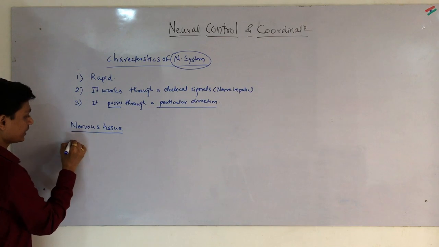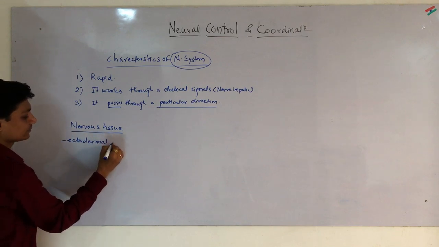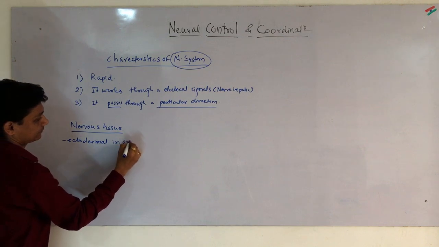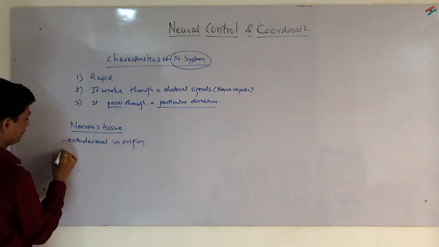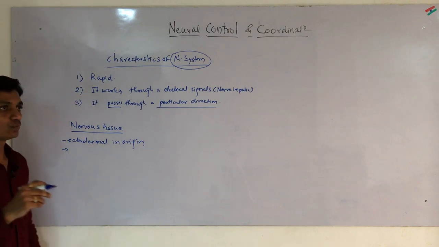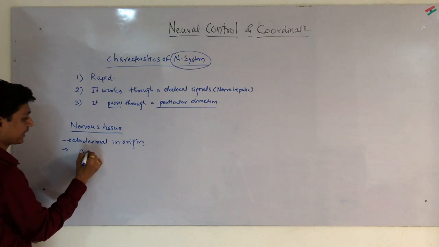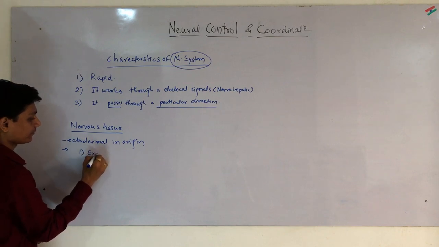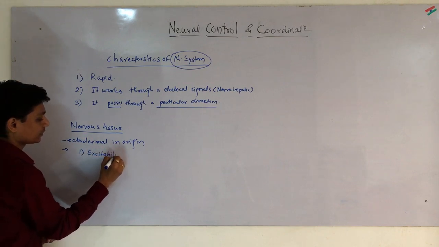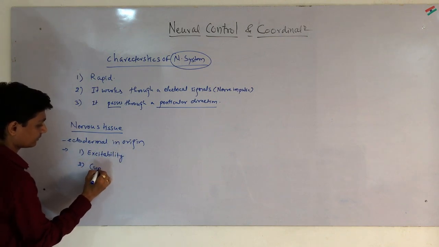Nervous tissues are ectodermal in origin, and they show two main functions or two main significances. First, excitability, and second, conductivity.